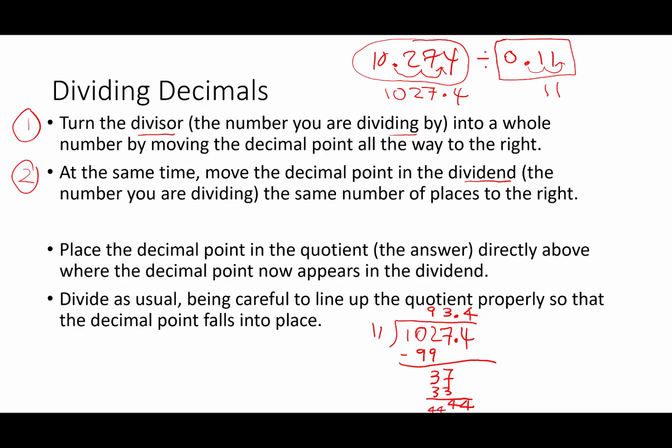So that completes our division, okay, 93.4. So then the answer for 10.274 divided by 0.11 will be 93.4, okay. So those are the steps that we can follow when we are dividing decimals.